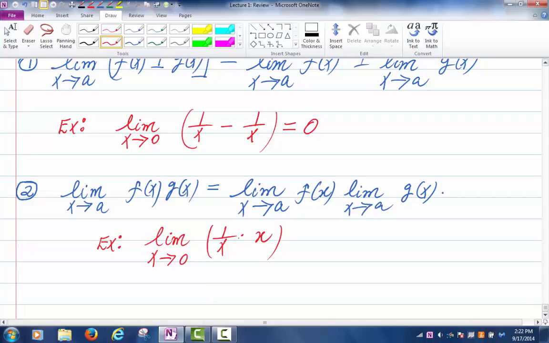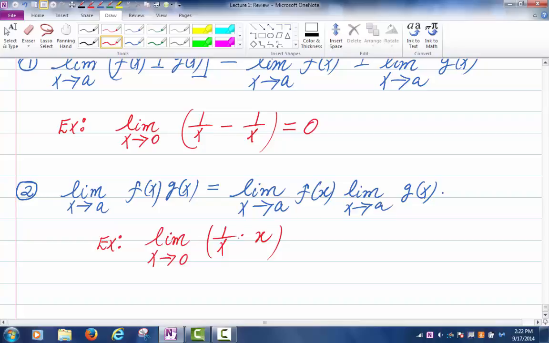The limit of 1 over x times the limit of x. So the limit of 1 over x doesn't exist as a number. Limit of x is 0. So what would be the limit of the product? My point is you cannot apply law number 2 in this case, because the limit of 1 over x doesn't exist. So the limit of each term has to exist before you apply the law.